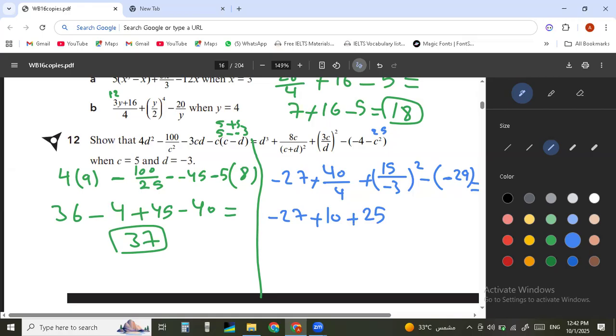Minus negative is positive. Now add and subtract normally. -27 plus 10 is -17. -17 plus 25 is positive 8. Positive 8 plus 29 is 37. They are the same answer. Look at this, so they are equal. That's it. Thank you so much and see you in another video.